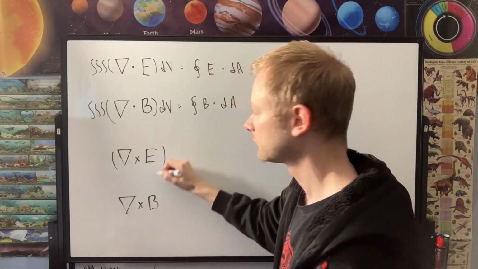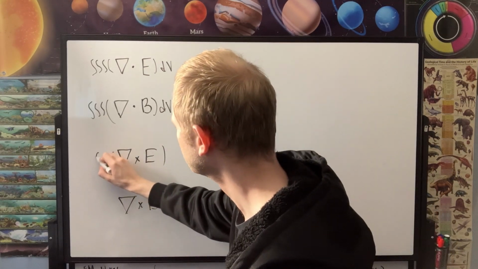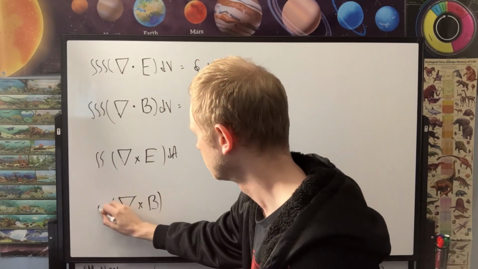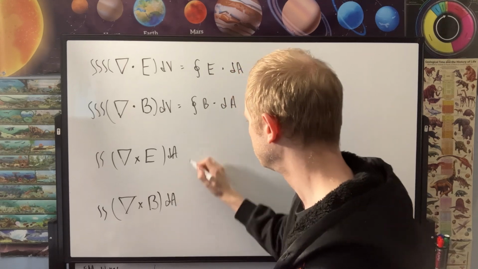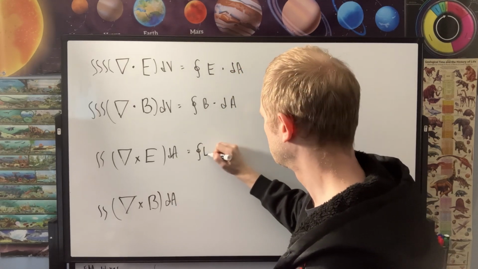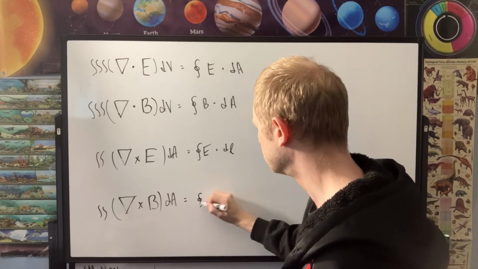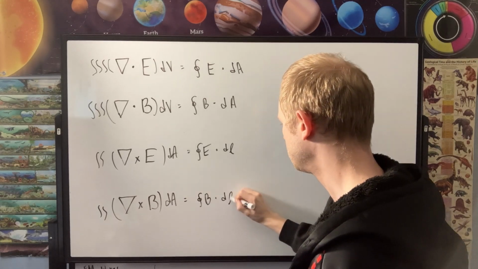And then here this will become Stokes theorem. So we got a double integral over the dA on both sides. And these will become our field dotted with dL and the field dotted with dL.